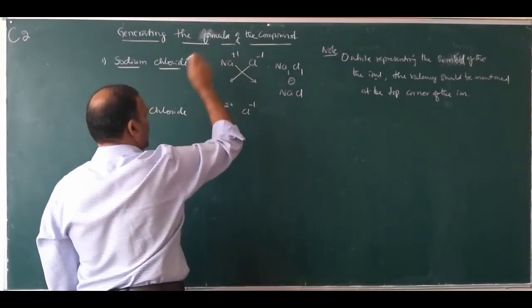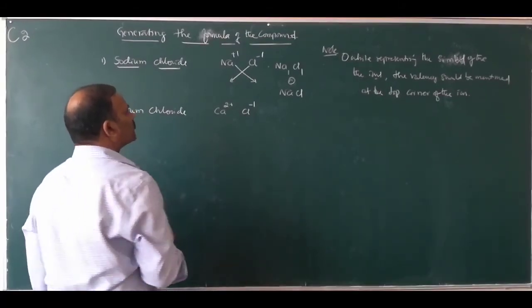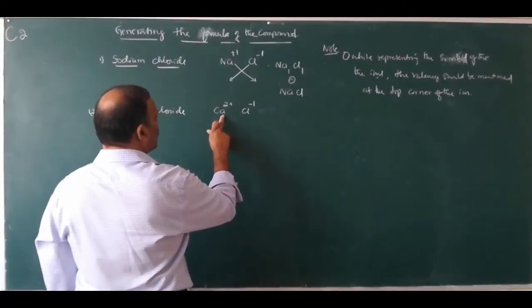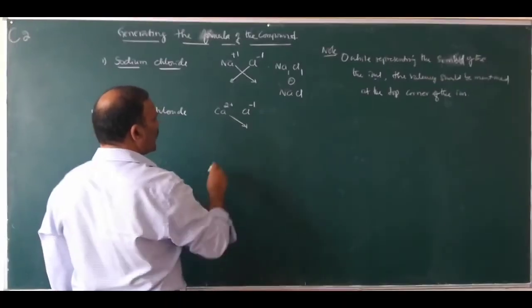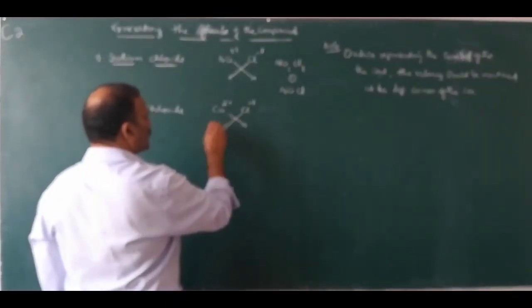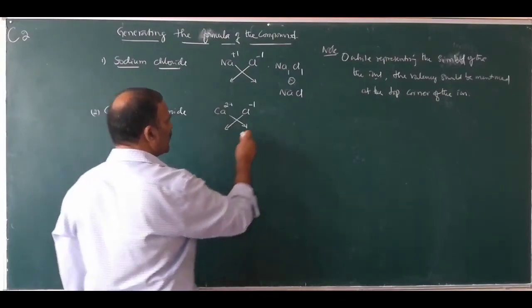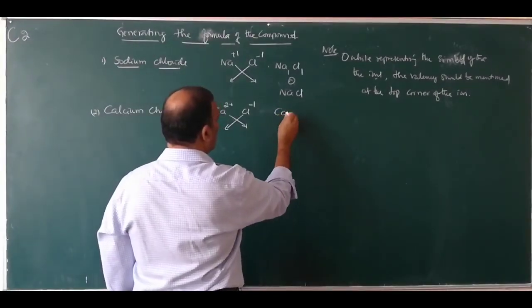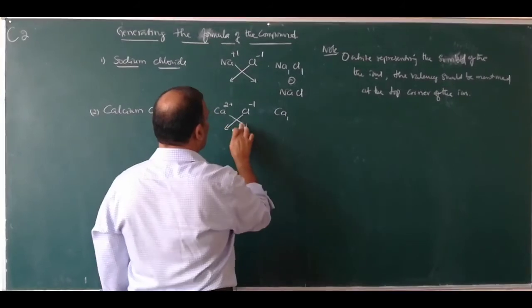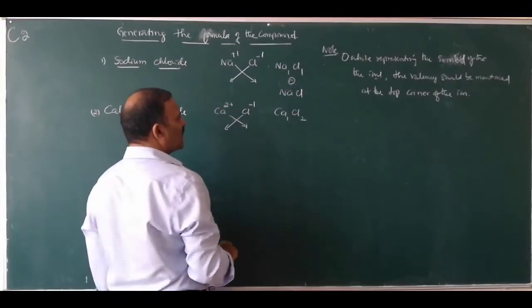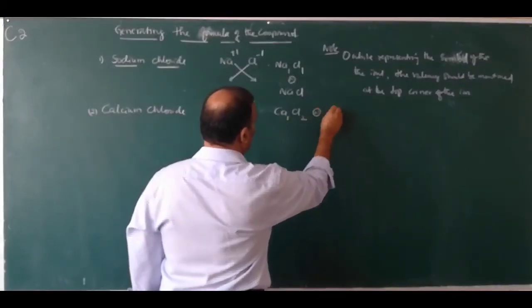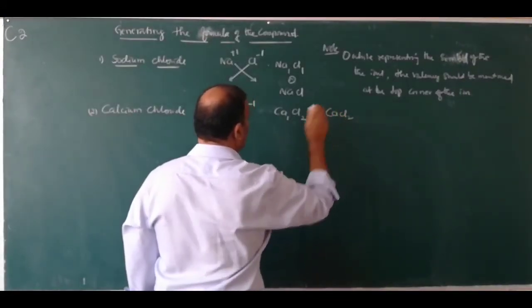So you have to write the valency of calcium below chloride ion, and the valency of chloride ion below calcium ion. What is the formula you have to write? Ca1Cl2, or it should be written as CaCl2.